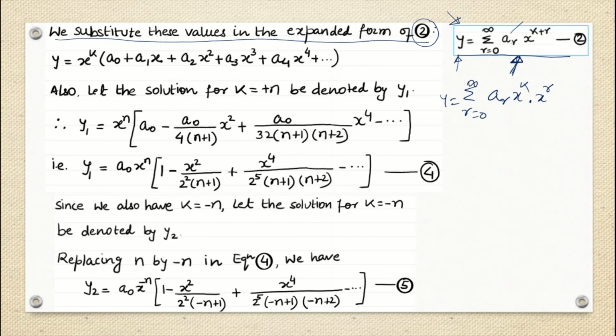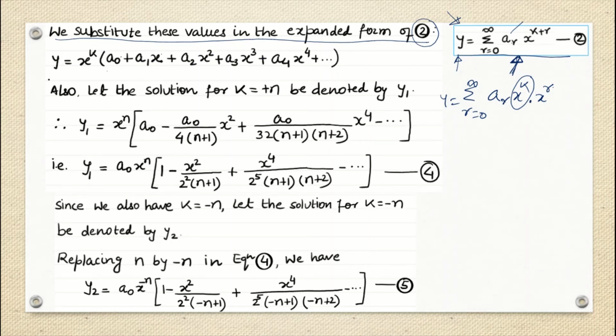This is y, correct? So x to the power k is common, so I'm putting x to the power k outside, and then putting r equals 0, it will be a0 x to the power 0, so x to the power 0 is 1, so a0 plus a1 x to the power 1 plus a2 x to the power 2 and so on.